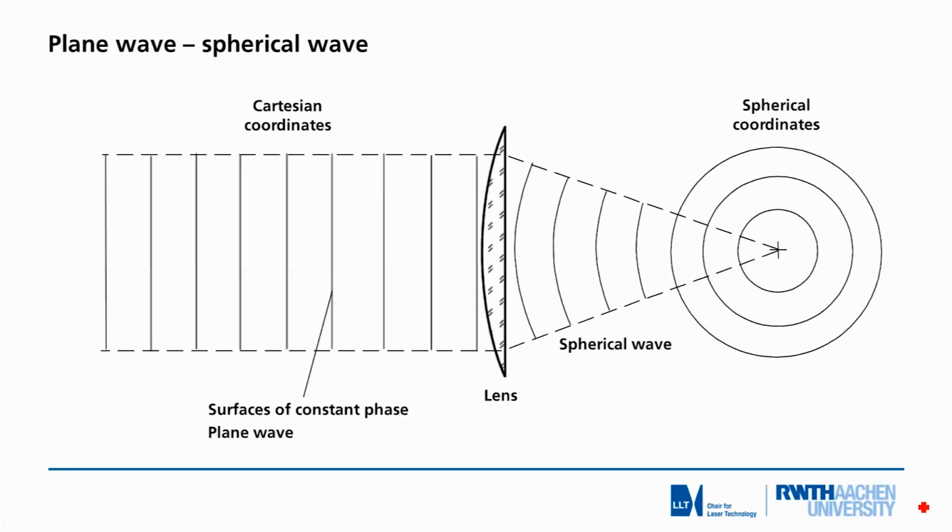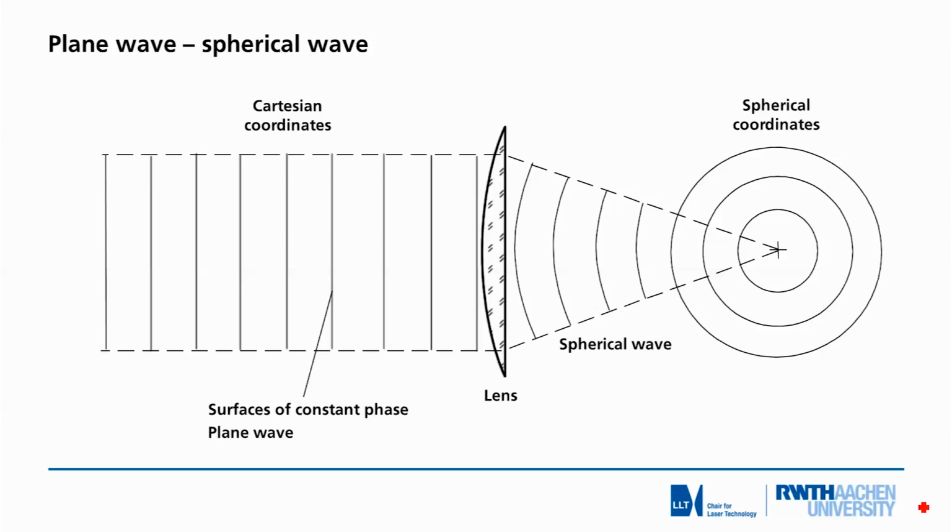If you think of a plane wave which we focus, then we learned in school that we will get a focal point. And this focal point theoretically has no size. It is focused to practically zero.